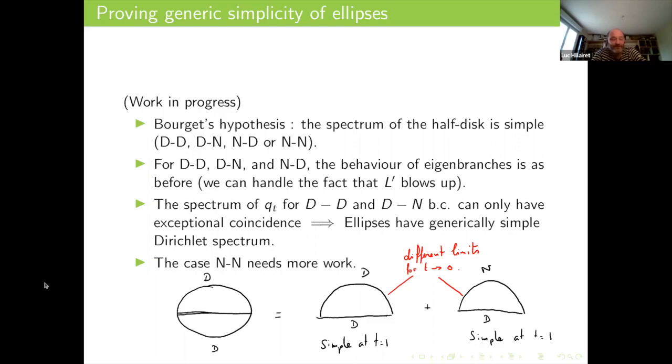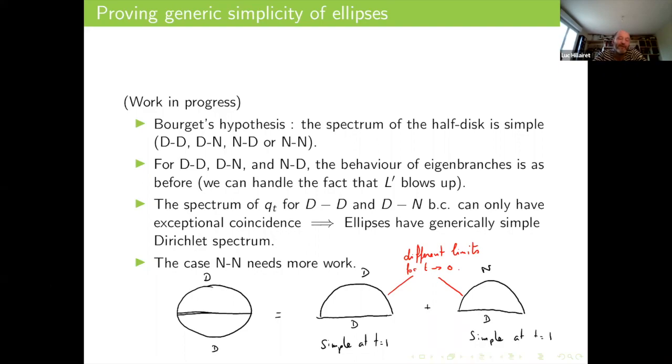Now we must refine a bit what we did before, because L prime blows up, and so we don't have this asymptotic separation of variables everywhere.